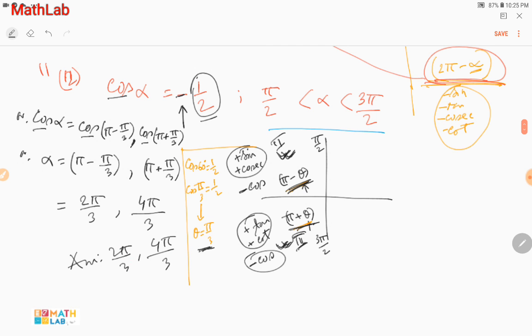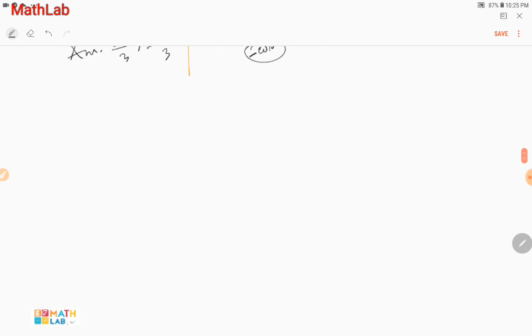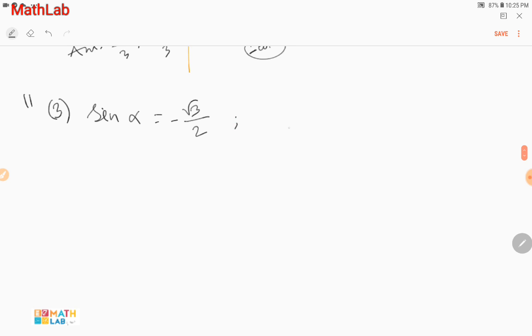Okay, now question number 3. Question number 3 is sine alpha equals minus root 3 by 2, and our condition is pi by 2 less than alpha less than 3 pi by 2.